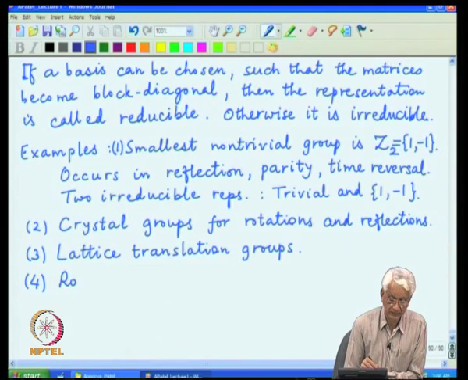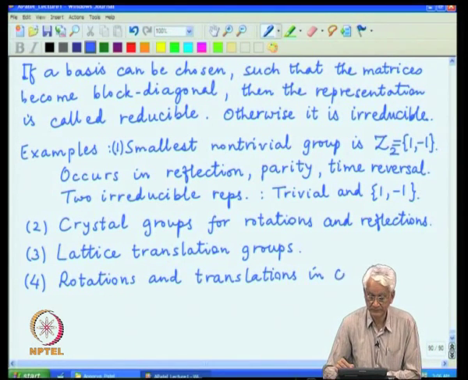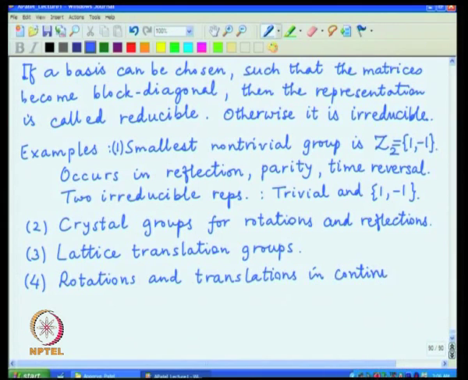So, rotations and translations in continuum, where we have our usual Cartesian coordinates, and one can talk about various angles or distances over which one performs certain transformations.